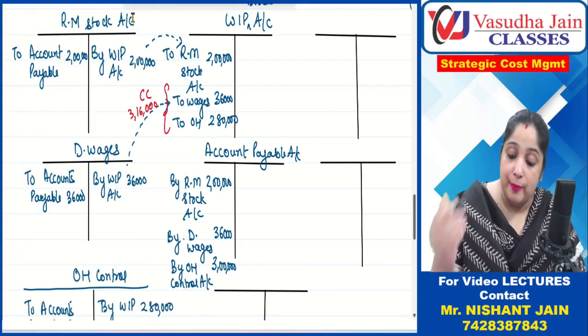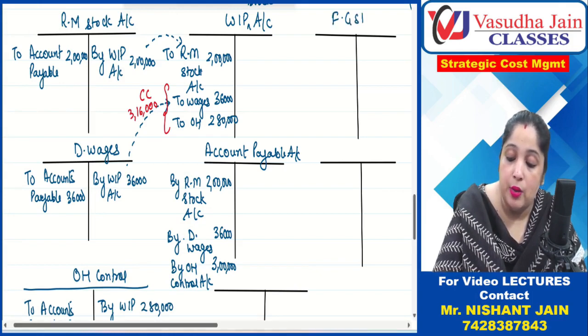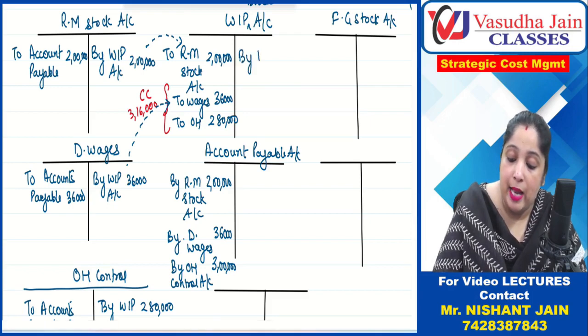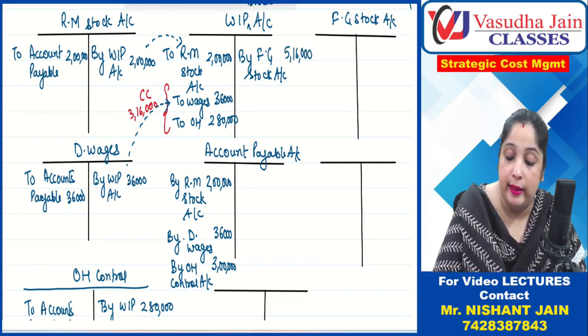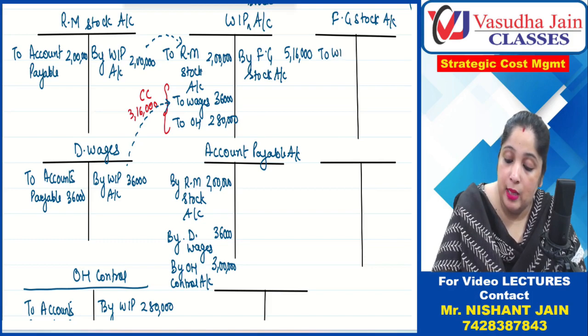This work in progress is completed, so we are going to transfer this to finished goods stock account, right? So here we write by finished goods stock account, which is 5,16,000. Here it has been credited, and finished goods stock is being debited because this stock is increasing, to work in progress account by 5,16,000, right?